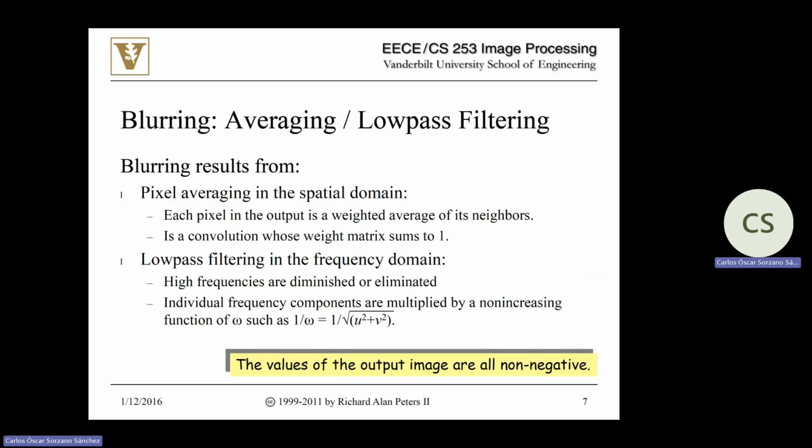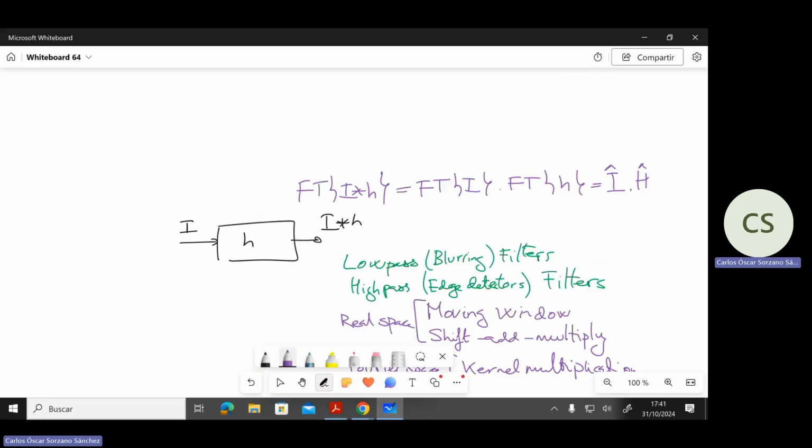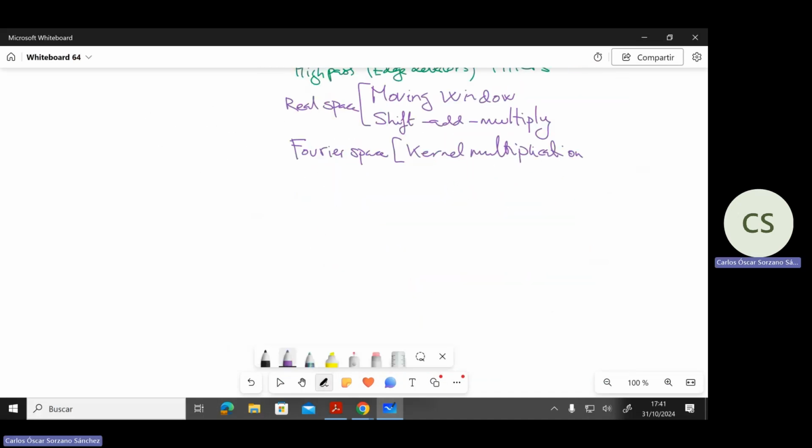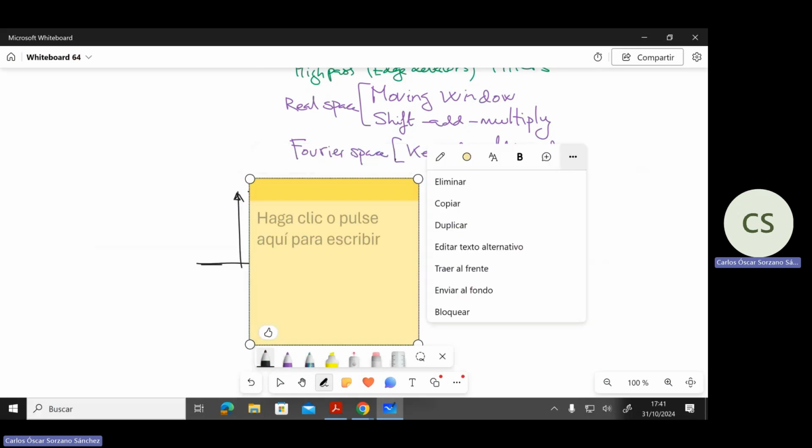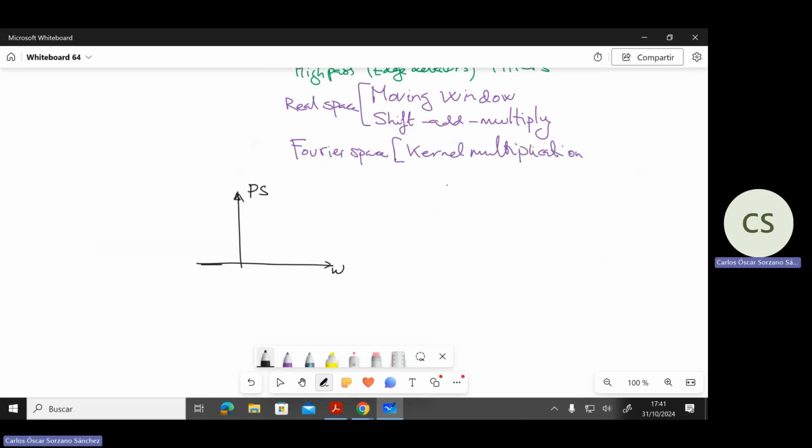Okay, so now we can apply any filter in Fourier space. So let's say that our Fourier transform, let's do it with the power spectrum.